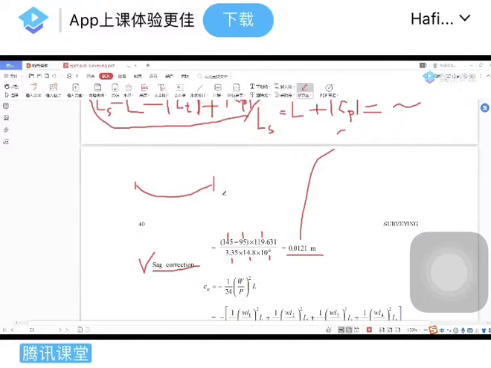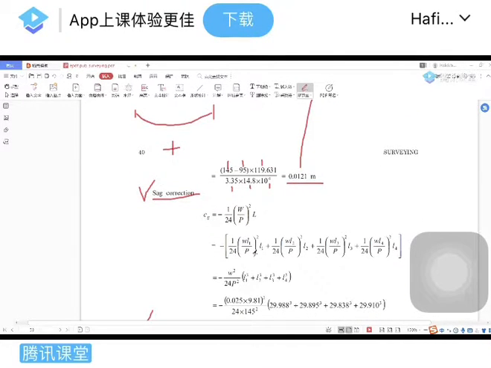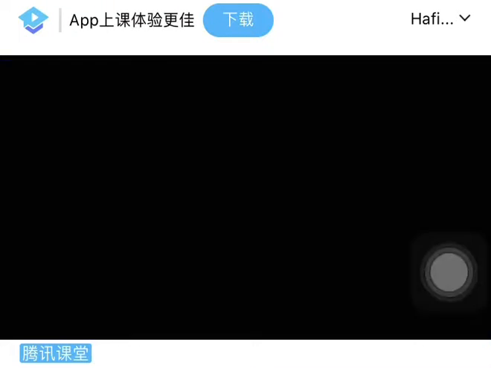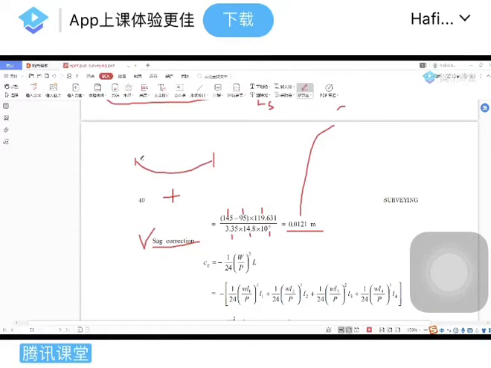But the standard one must be this one, the straight one. So if you use the standard one, you tend to have this error. You tend to have a high one, but since you choose this one, you have a low one.